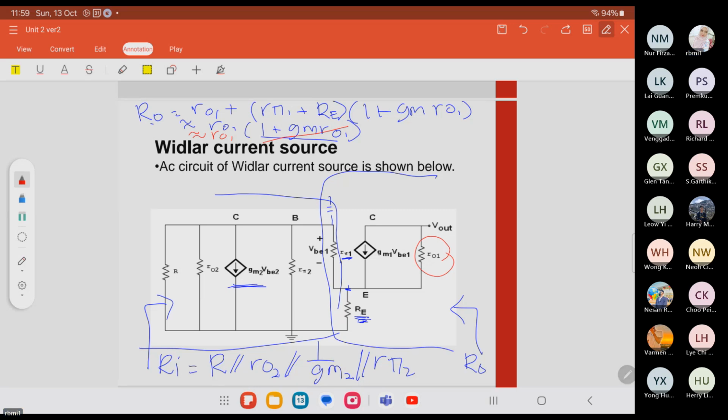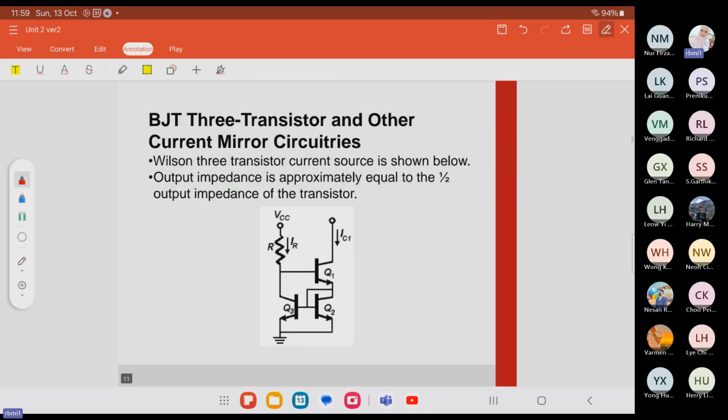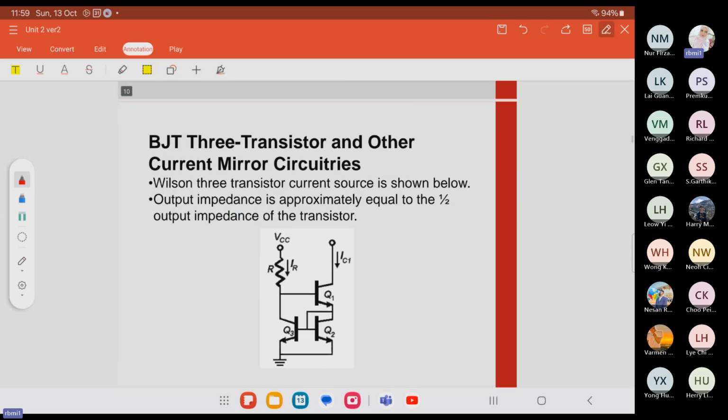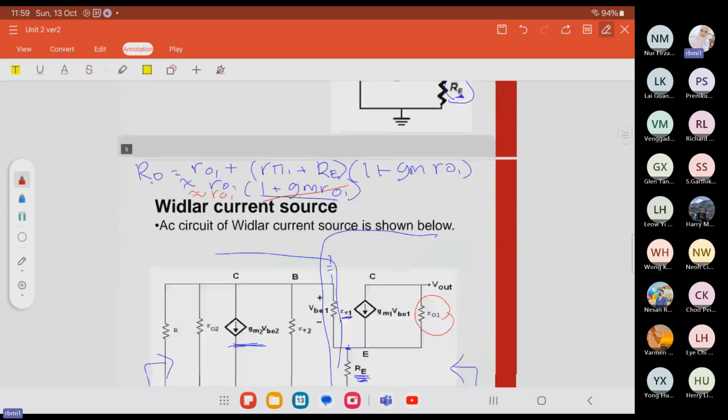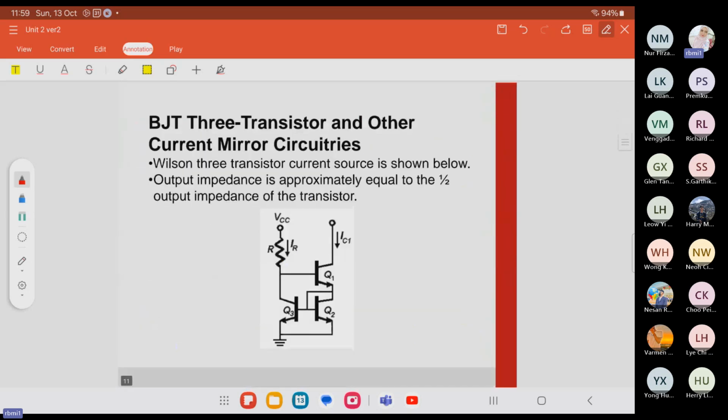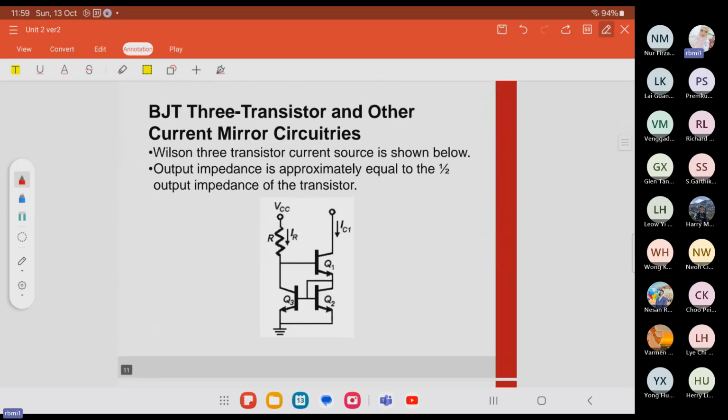Okay, so next we go to the second method. This one was the first one, the Widlar. So next we go to the Wilson BJT three-transistor method. We call this the Wilson current source.